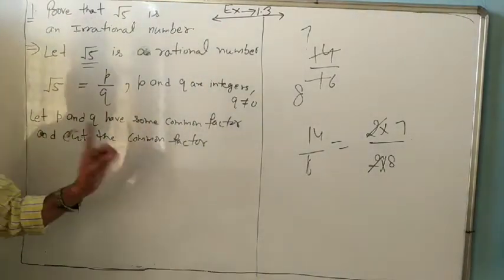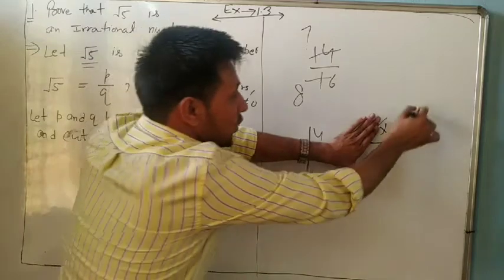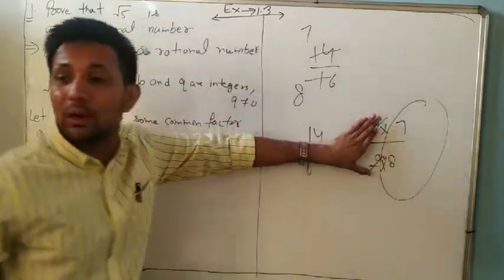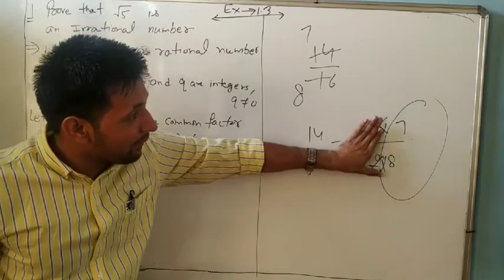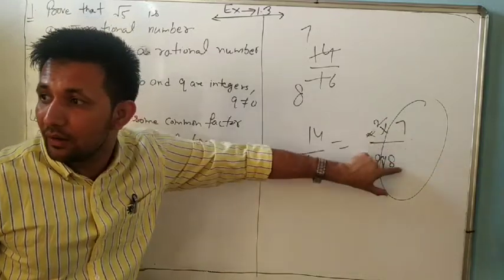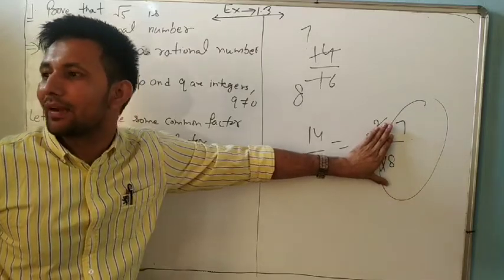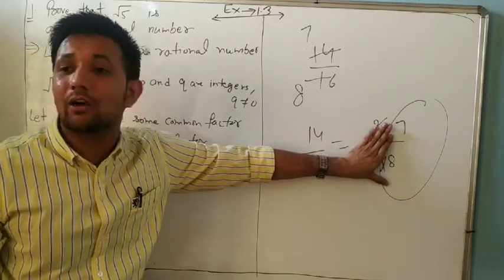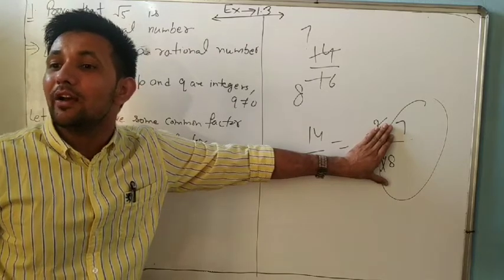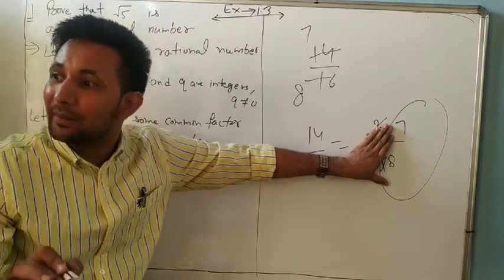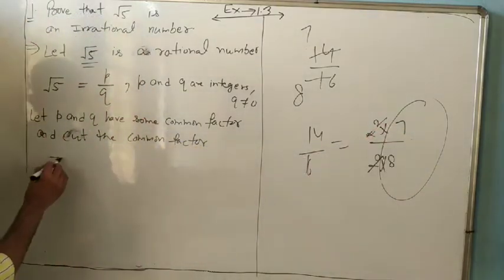So we cut, and look, if we cut the common factor, we get 2 new numbers, or not? And after cutting the common factor, do they have any common factor? No. Do 7 and 8 have any common factor? If two numbers have no common factor, what are they called? They are called co-prime. So everyone knows root 5.